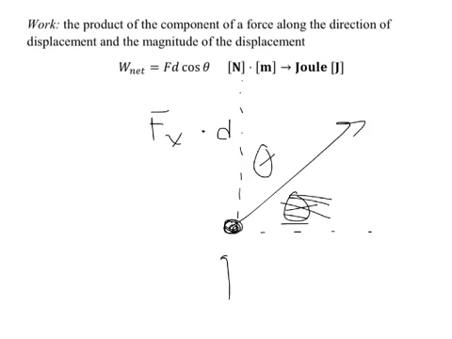This avoids us having to use sine and cosine. We can always use F d cosine theta. F d cosine theta will always work for this. We don't use sine. For work, for these examples, we're not going to be using sine.